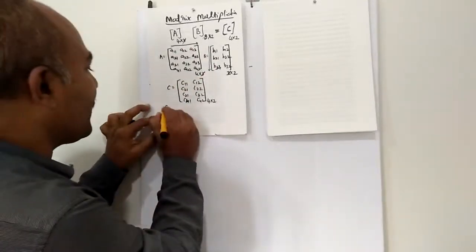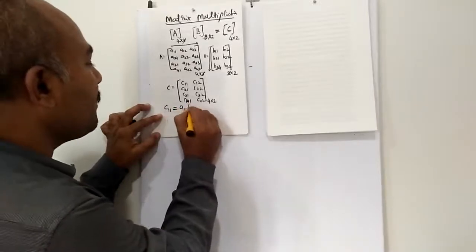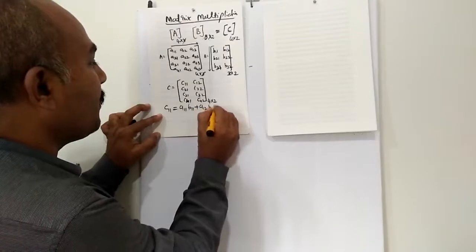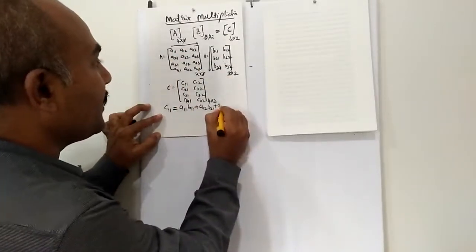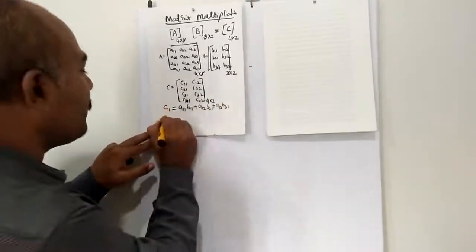I will write how exactly C11 will become. C11 becomes A11 B11 plus A12 B21 plus A13 B31. Similarly, how will C12 be obtained?